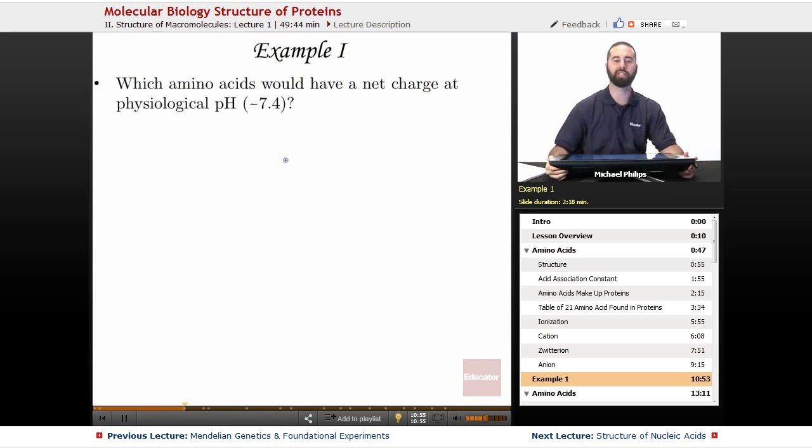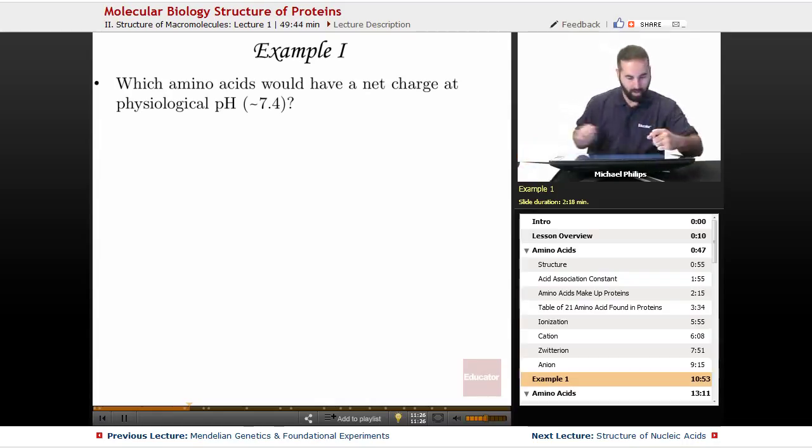Now, for our first example, if we can just do a little bit of memory recall, which amino acids would have a net charge at physiological pH, which, as I said before, is about 7.4? Well, what that's saying is what amino acids have negatively or positively charged side chains, because that's the only thing that's going to be contributing to the charge, because the Zwitterionic form is a neutral charge in and of itself.